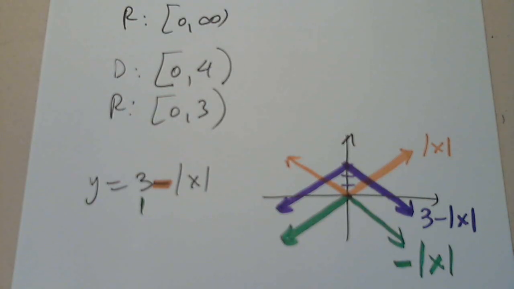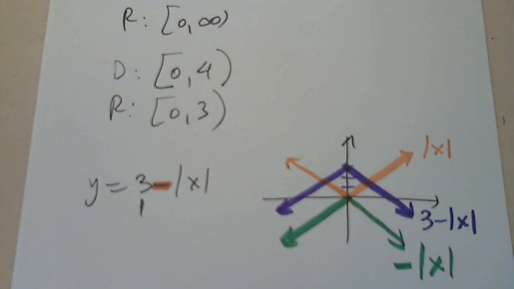In math, under numbers, there is ABS, and then X, and the standard viewing window will work, so I can use Z standard. And here it is. As expected.